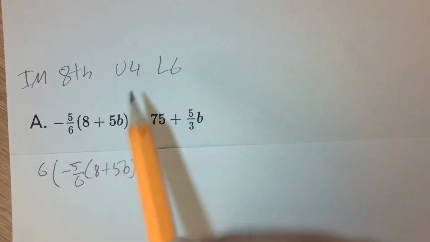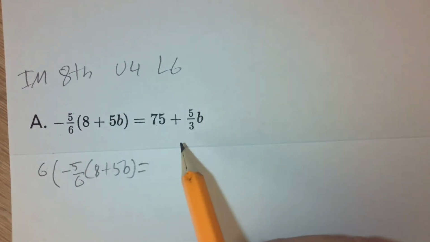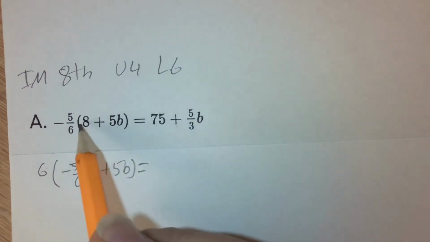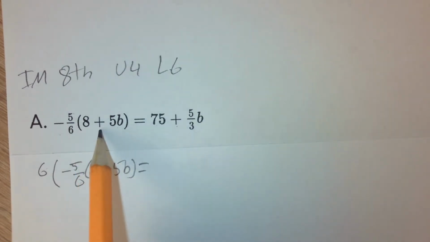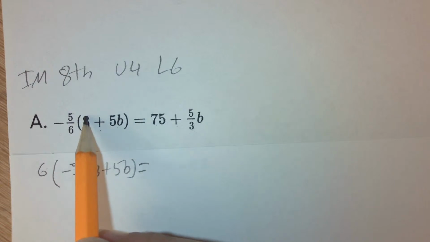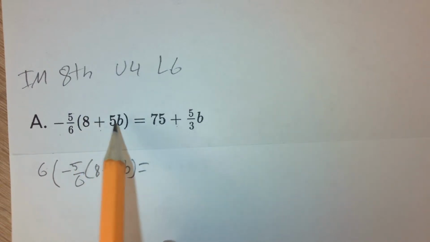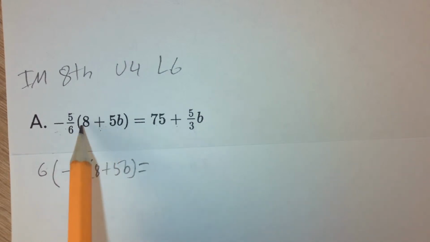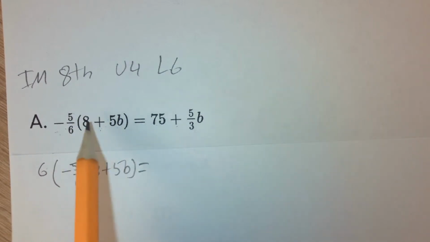When I multiply, each term multiplies by 6. Now, on the right side, there are two terms because they're adding. On the left side, somebody says, Mister, I see a plus. Do I multiply this times 6 and this times 6? No, you don't. Why? Because this is in a parenthesis. You just have these two numbers multiplied. So there's no need to multiply each single term.